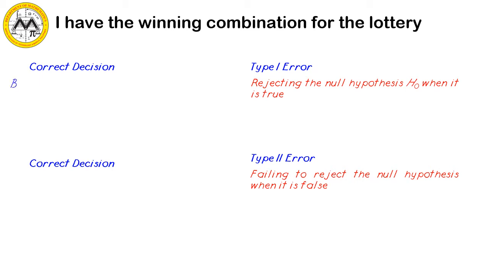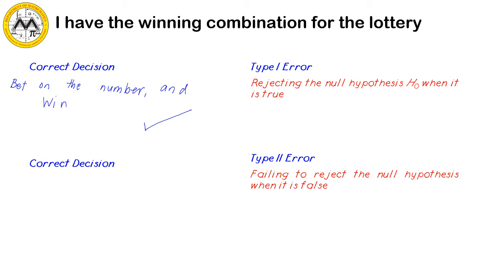You can bet on the number and you actually have the winning combination and win. This is a nice situation to be in. You have the winning combination, so you bet on it and then you win.